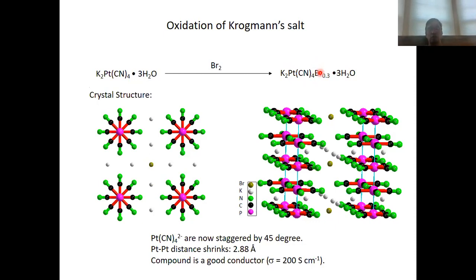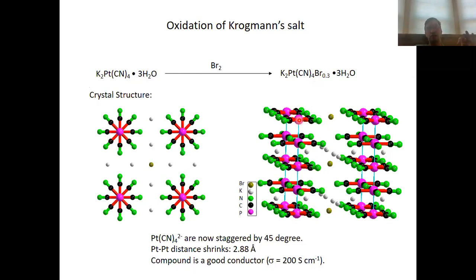So now you can look at the crystal structure again, and you see that there are some similarities to the previous crystal structure, but there are also significant changes. So like previously, you have again one-dimensional chains of tetracyanoplatinate anions, which are square planar.